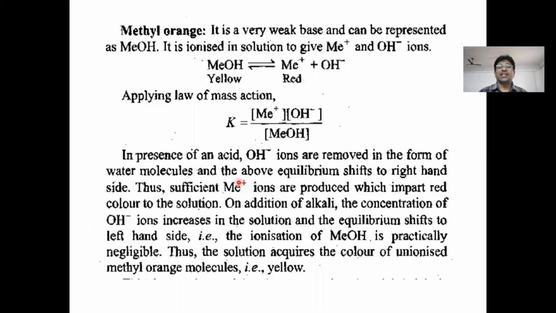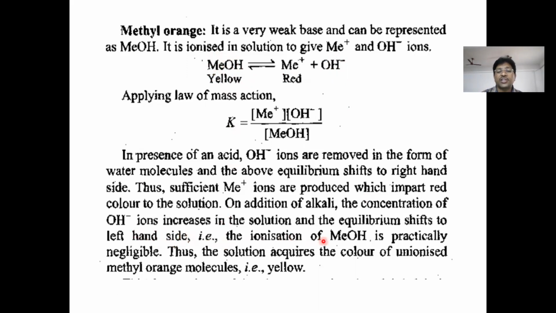That means the backward reaction takes place because OH minus is added. Because of the addition of OH minus, the backward reaction takes place, meaning the dissociation of methyl orange will decrease, and the left hand side of the reaction will be favored.